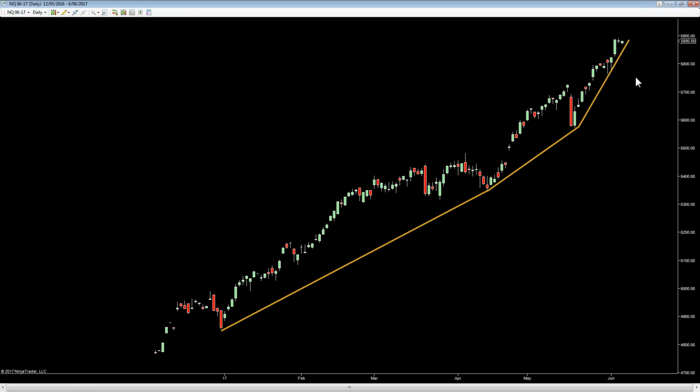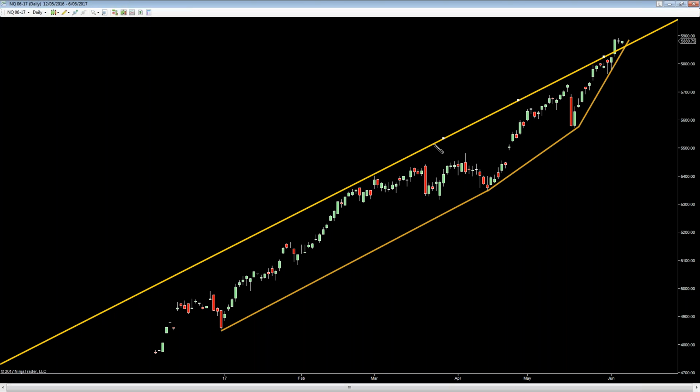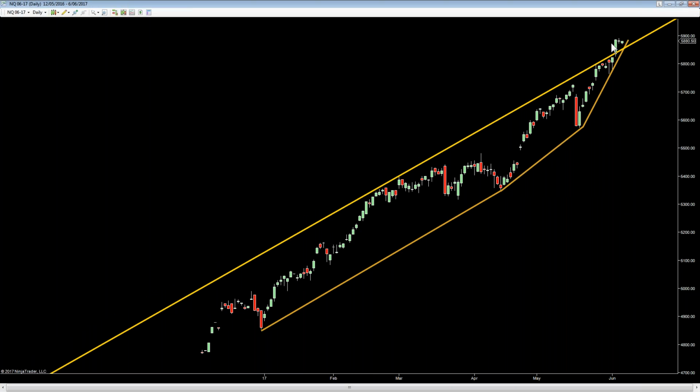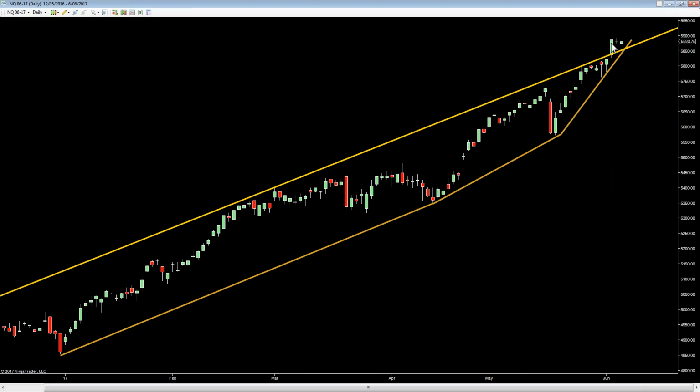Okay, so there's no question the market is bullish, none whatsoever. Here's the part that's giving me pause though. Right here. We are now outside of our trading range.